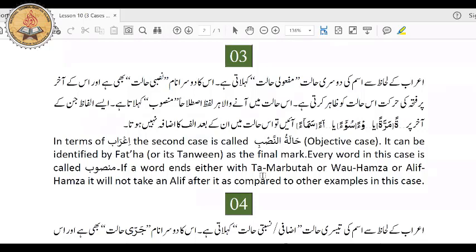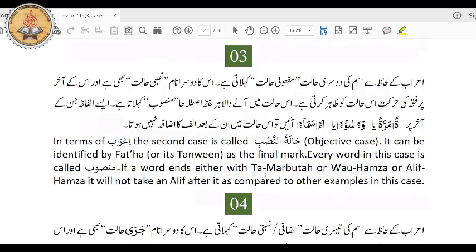Remember that nasab means when a person is in a standing position. The electricity poles, or any pole, are always in halatul nasb, not in a lying position but in an erected position. And there are certain words which sometimes have to act like an erected pole, as in kitaban, maghfiratan.